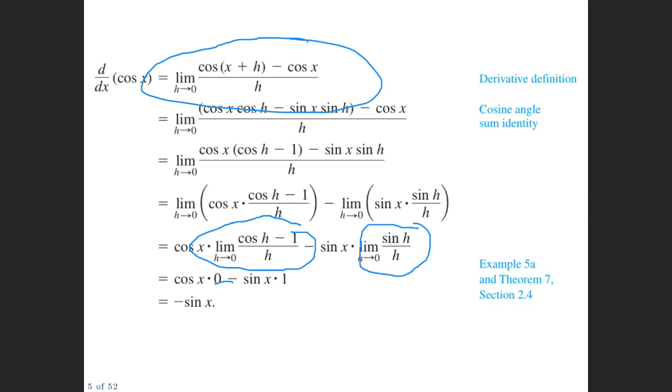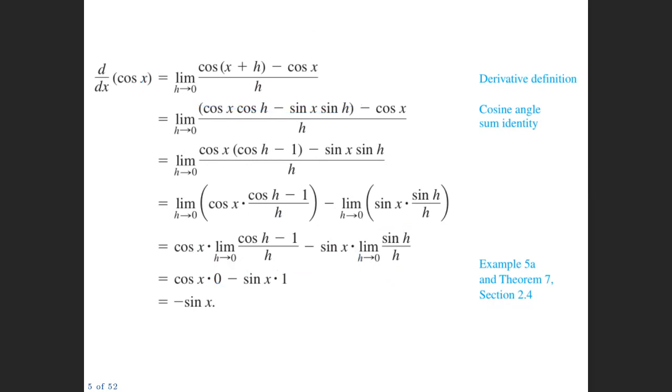The first one is 0, and the second one is 1. Because of this, we find that the derivative of cos x is minus sine x. Why is it minus? The minus comes from the identity cos of x plus h is cos x cos h minus sine x sine h.